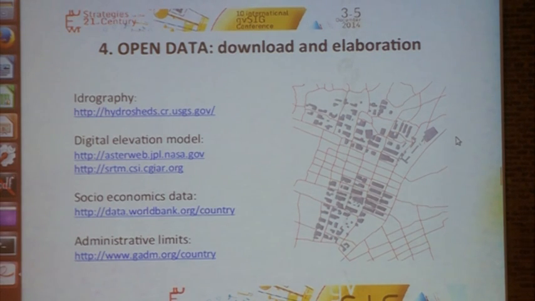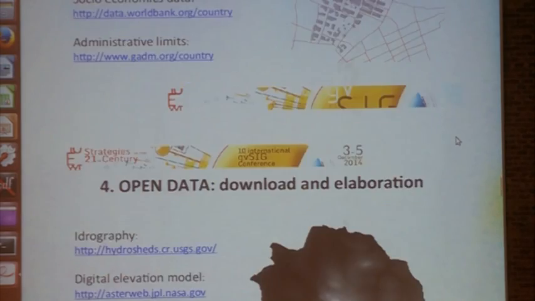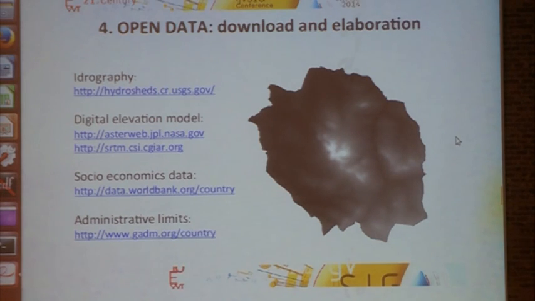In the other step, we integrated the field data with open data available for free download on the web. Here we can see some websites that allow free download of many types of data about hydrography, digital elevation model, socioeconomic data. In this way, we obtained, for example, the vector layer of roads of Gabiley, and the digital elevation model for Weir Forest.